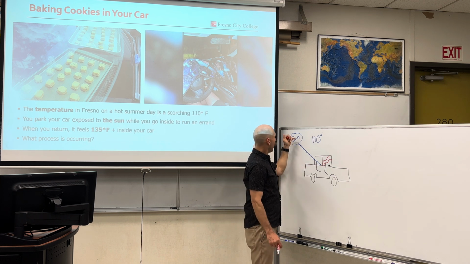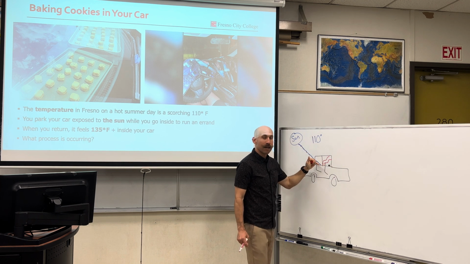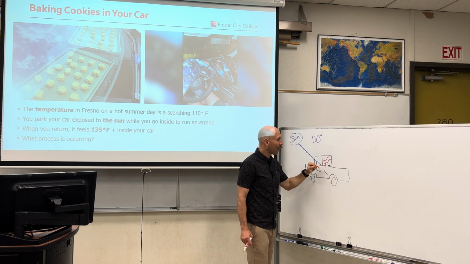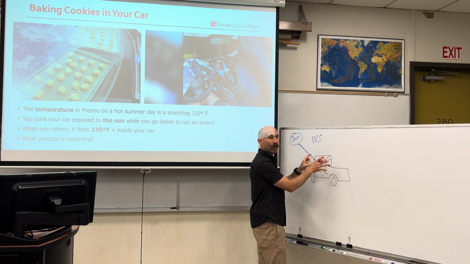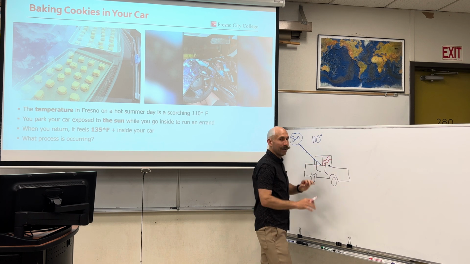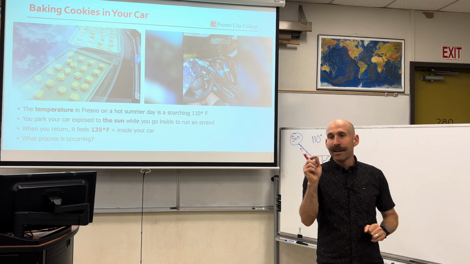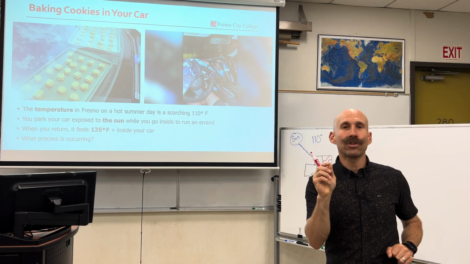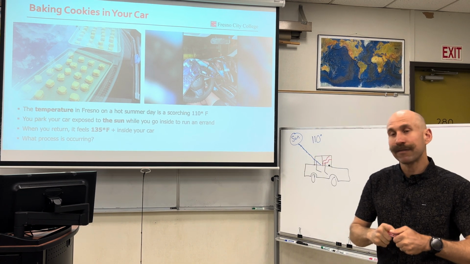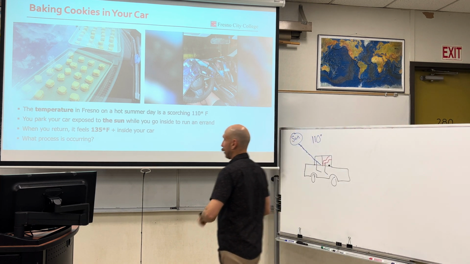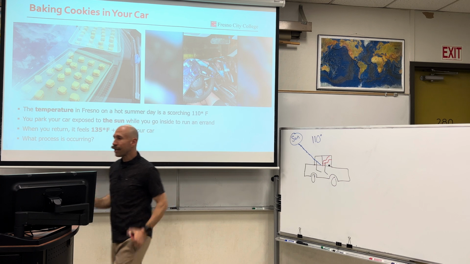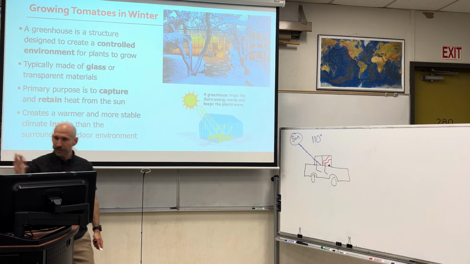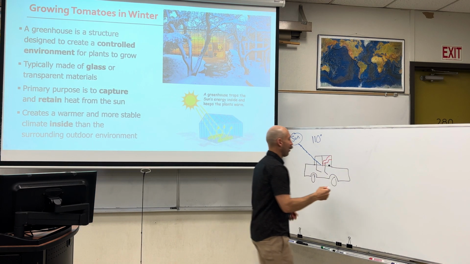So, energy from the sun heats up the inside of the car, but then that heat is trapped because of the windows. That heat cannot escape. This is similar to what's happening in our atmosphere with the greenhouse effect. So what process is occurring inside of your car to bake cookies? The greenhouse effect. Let's take it to an actual greenhouse.